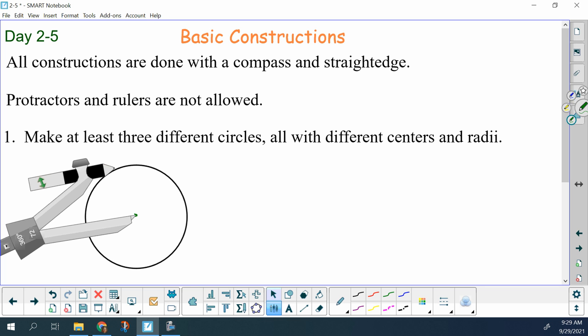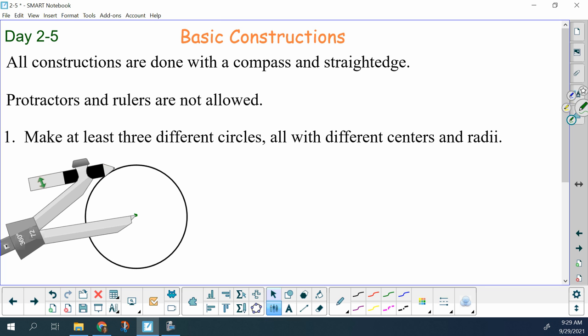I'm going to do that on the desk page. So if you're having trouble, I like to hold my compass like this and put it at like a 45-degree angle and spin my paper. I find that it doesn't move. I've got a nice sturdy grip on it. If I have it really vertical, up and down, I find it's harder to move.